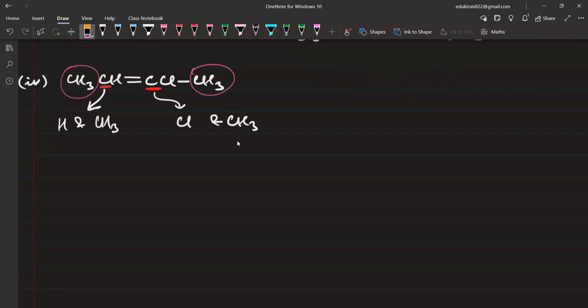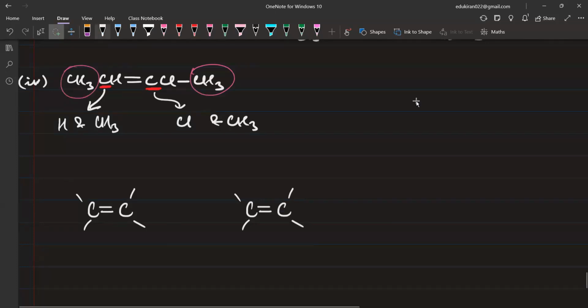Anyway, what we had to tell you, we told you long ago. So here also you can see that this carbon atom is having two different groups. This is also having two different groups. So we can have the cis trans isomer be something like this. Let us suppose here is CH3, so we put CH3 and CH3 together first.